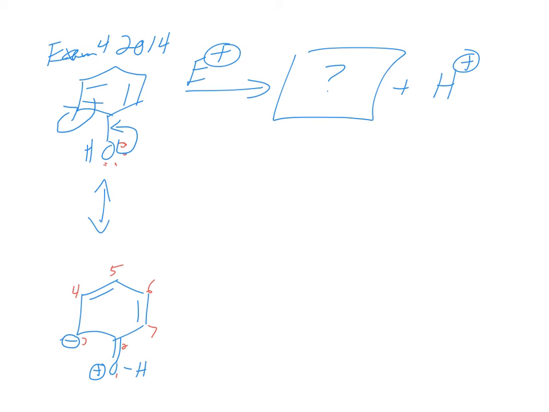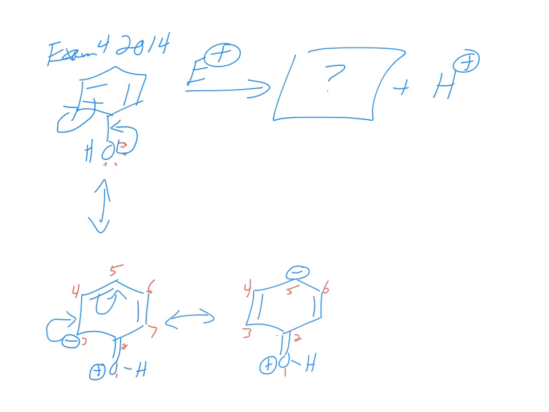Let's draw another resonance structure. Now where's the electron density? Which carbon? Carbon 5. So what's that tell you about carbon 5? It's nucleophilic, it's electron rich there.